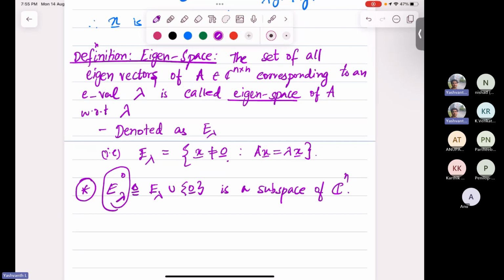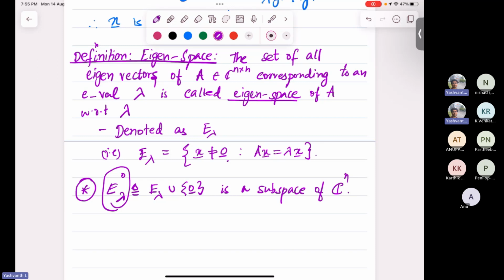Now we saw how to compute eigenvalues and eigenvectors. Maybe in the remaining five minutes I could give a long example, but I will do this in the next class. Let's stop here for today.